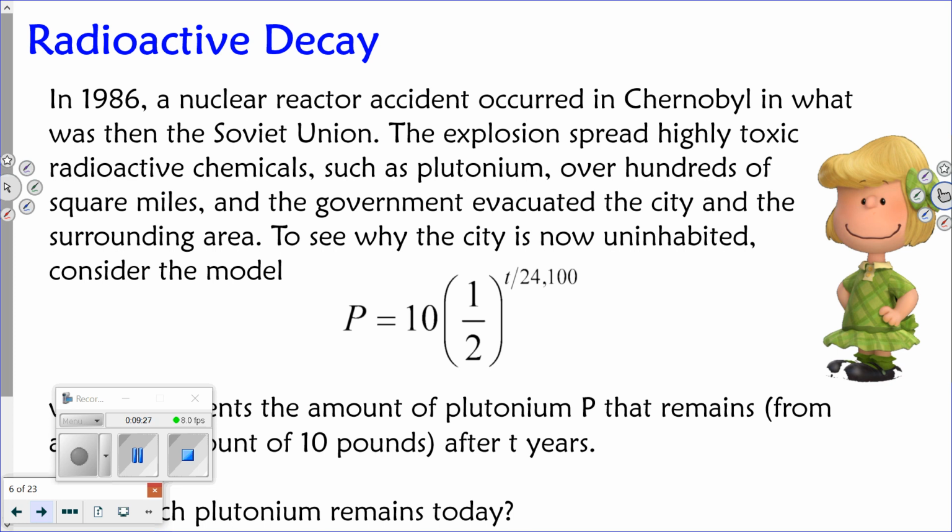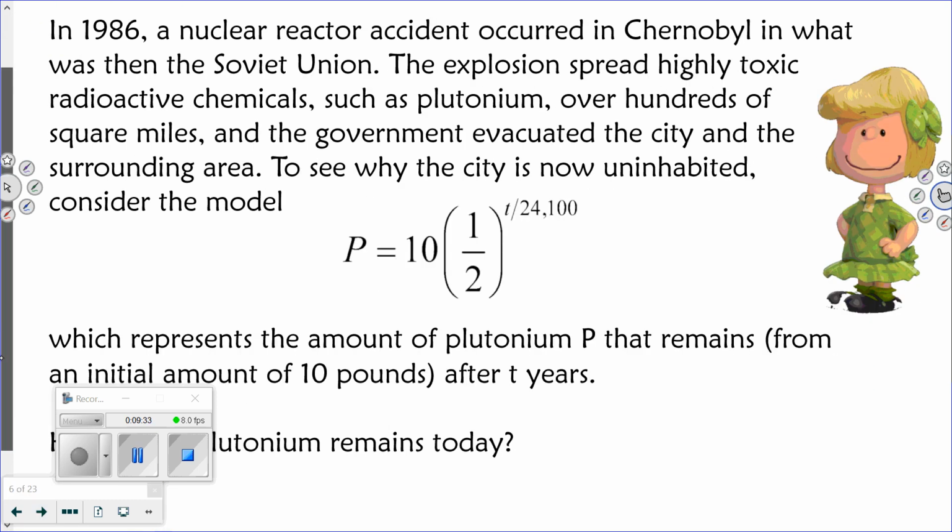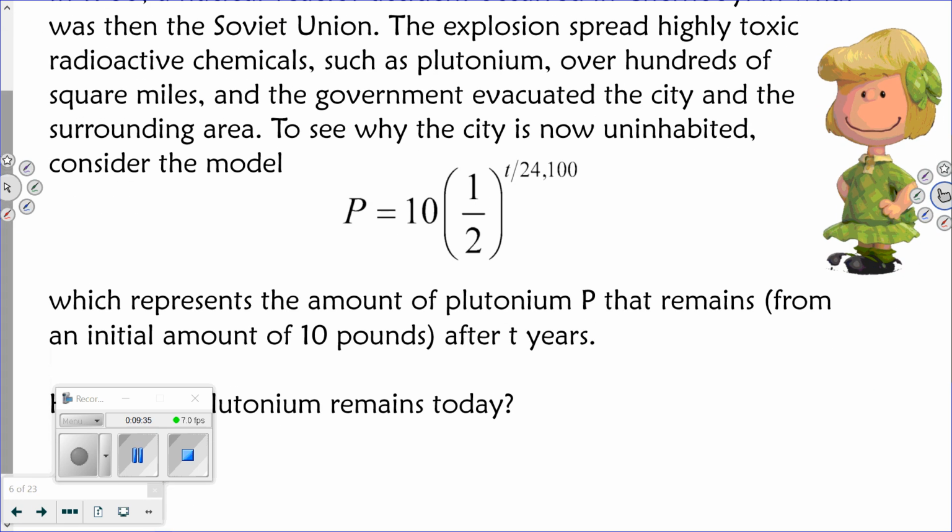To see why the city is now uninhabited, consider the model, which represents the amount of plutonium that remains from the initial amount of 10 pounds after t years. So you can plug in how many years it's been and figure out how much is still left. If it started with 10 pounds, how much is still left today?